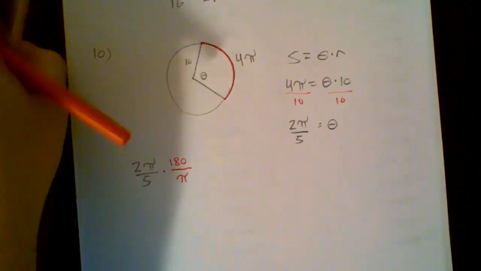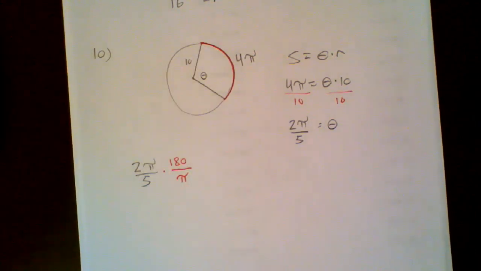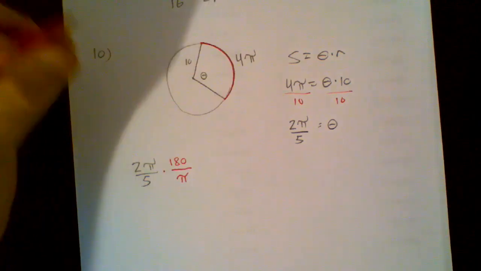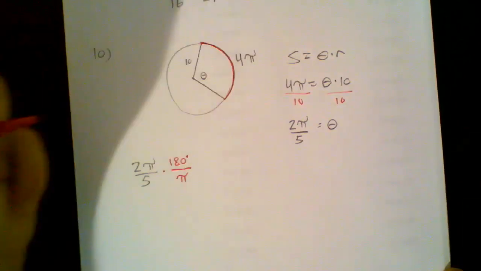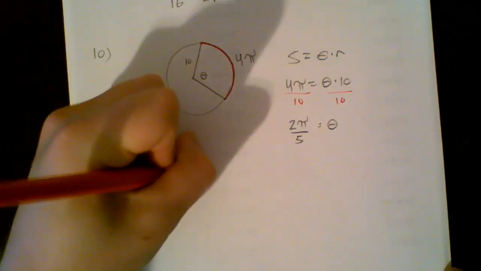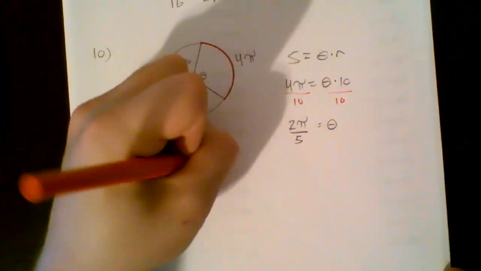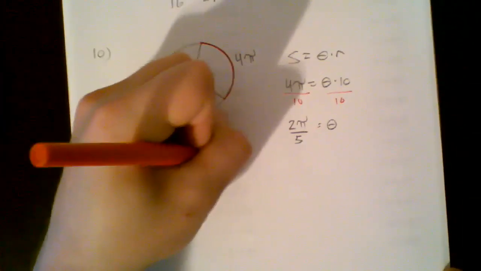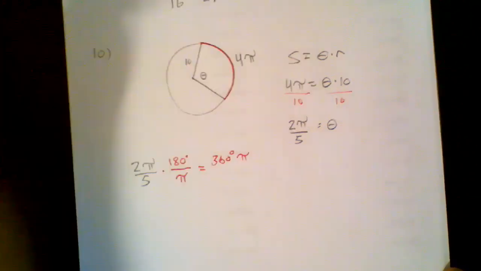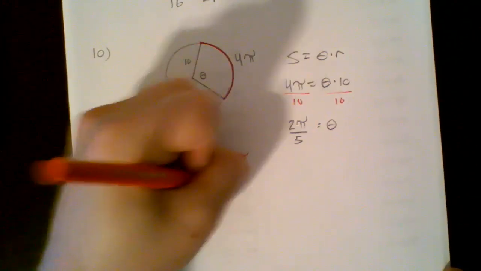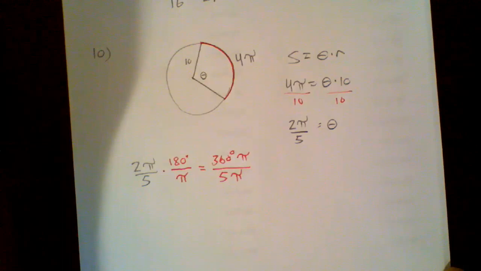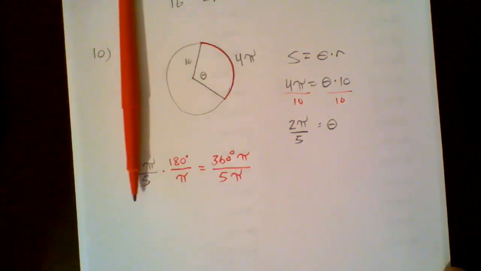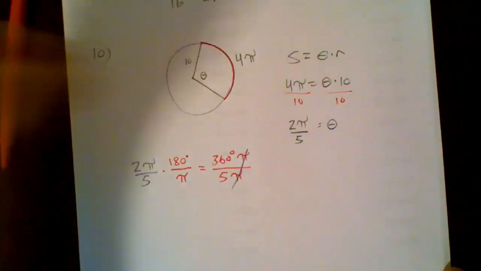Think about whichever one you want to end up with is the one that needs to go on top. Since I want to end up with degrees, I need to put my degree units on top. So what we get is 2 pi over 5 times 180 degrees over pi. Notice how the pi's are going to end up canceling. So pi's go away.